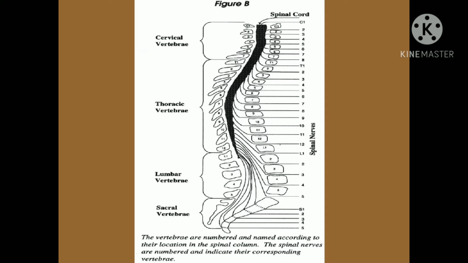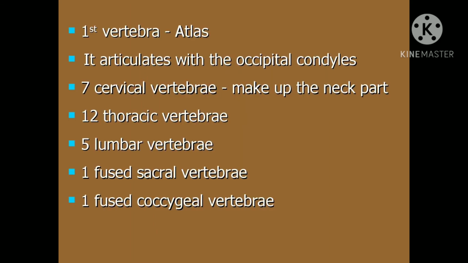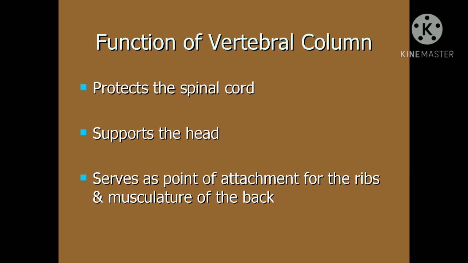The first vertebra is the atlas, which articulates with the occipital condyles. There are 7 cervical vertebrae, 12 thoracic vertebrae, 5 lumbar vertebrae, 1 fused sacral and 1 fused coccygeal vertebra.